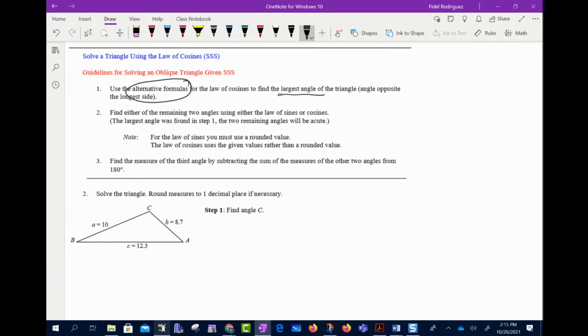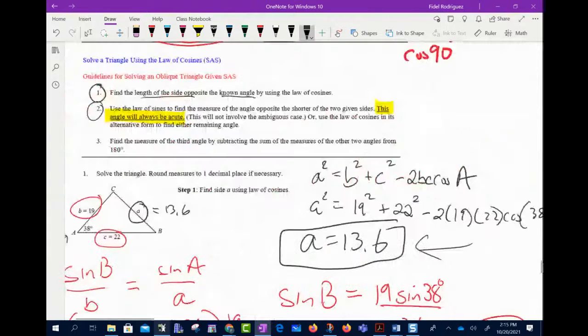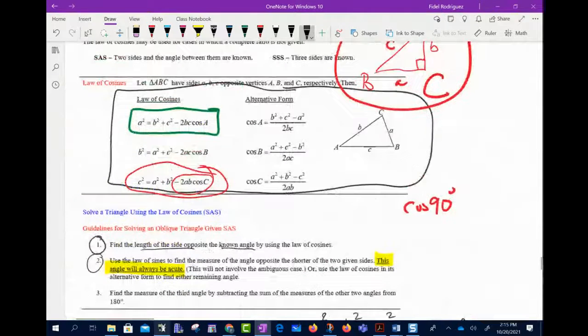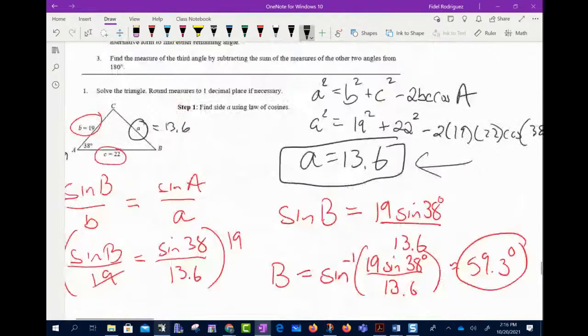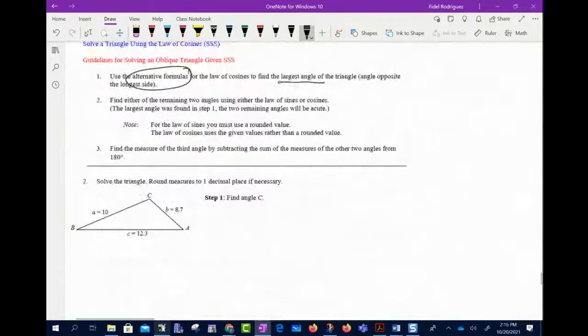Just so you can get an idea, they call it the alternative formula. It's still the law of cosines. It's just, you're looking for the angle. This is what they call the alternative form, if you want to find the angle. So it's a squared plus b squared minus c squared over 2ab, that's equal to the cosine of c. So I'm going to write that down.